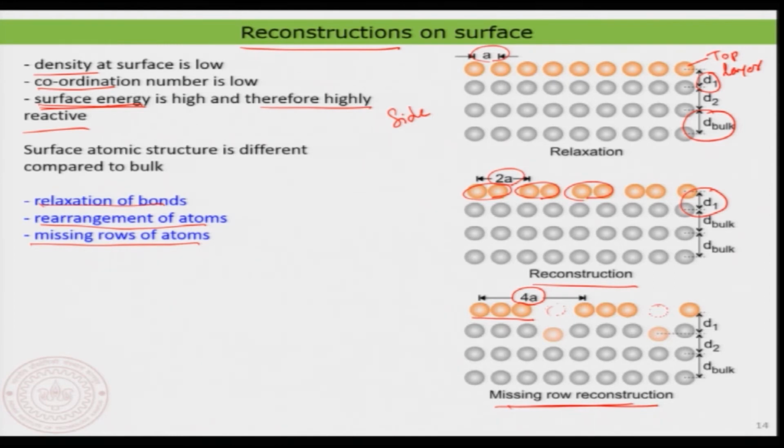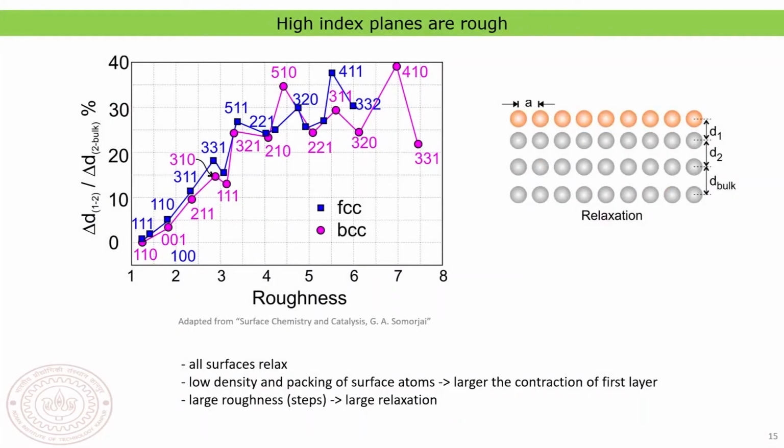Now, let us have a look at a few typical examples to understand this more clearly. In this slide, what I would like to show you is a semi-quantitative measure of roughness of different surfaces as a function of relaxation of different surface to bulk layers in different types of surfaces.